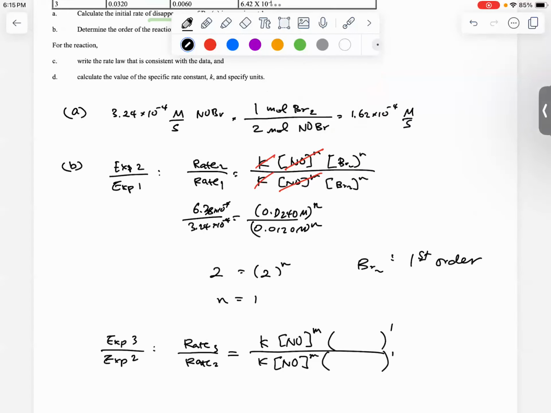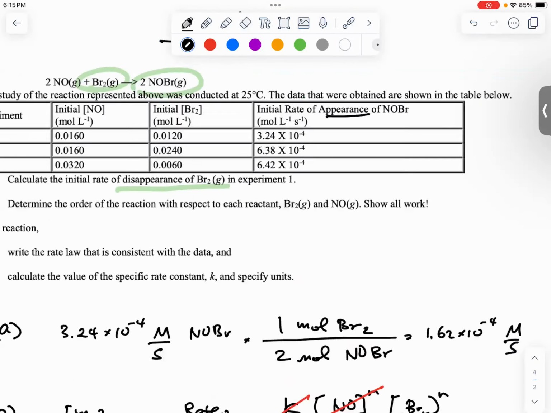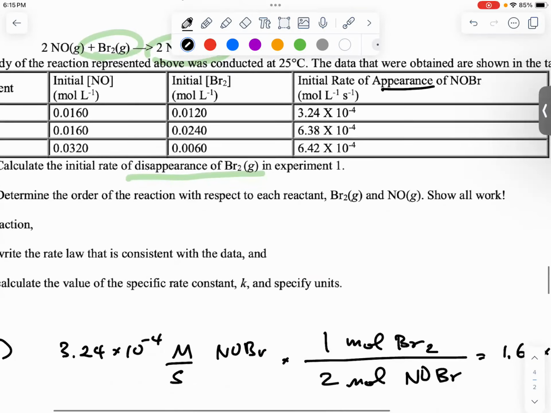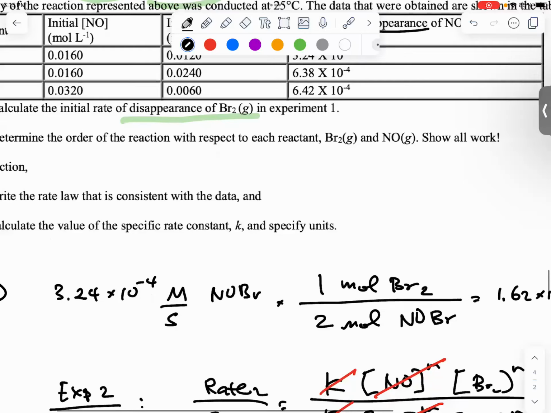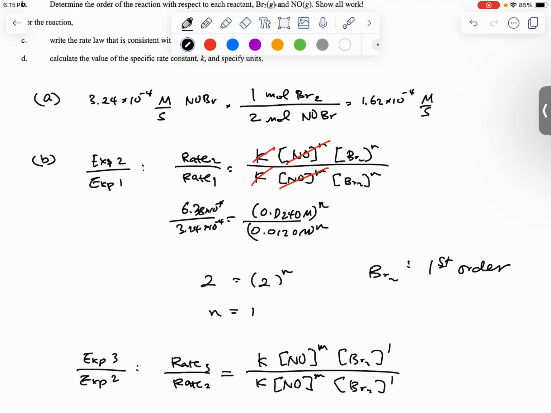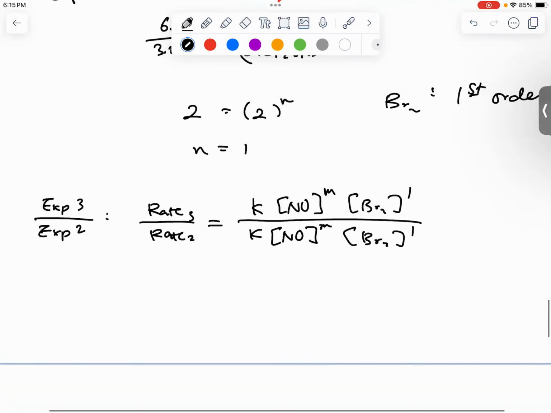Since we know Br2 is first order, I simply write down Br2 to the first power, Br2 to the first power. They do not cancel each other out because the concentrations are not equal.